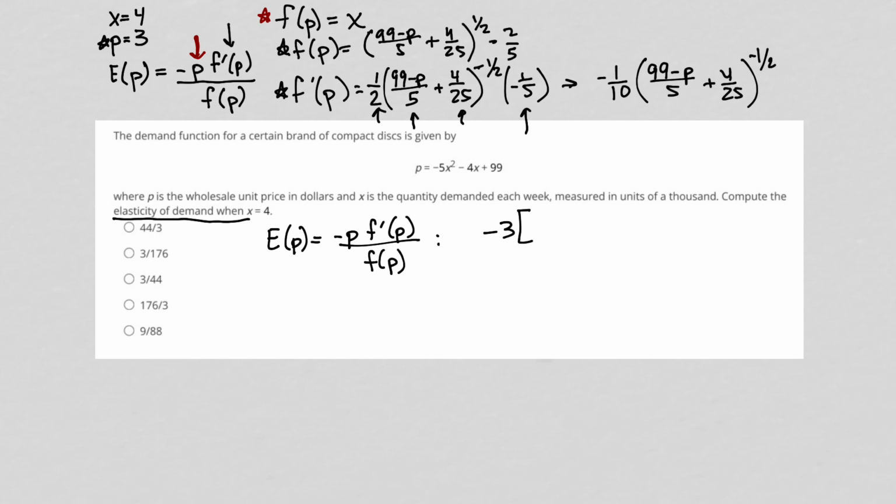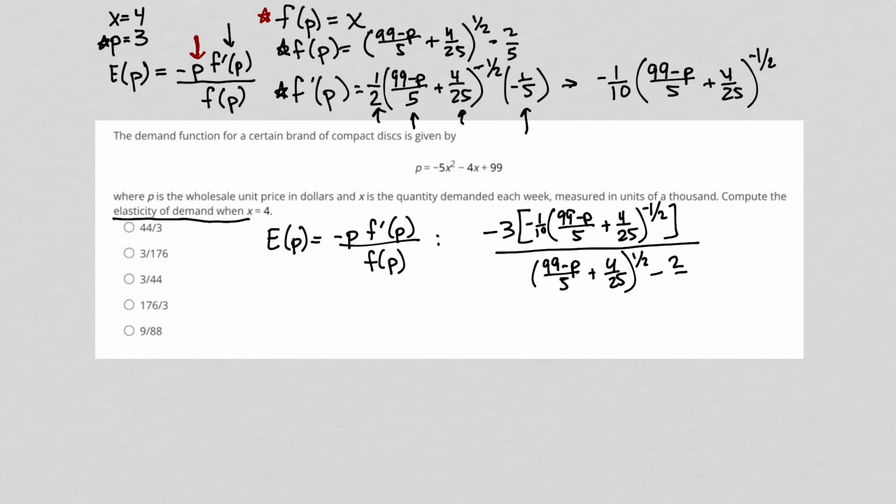So this gets bracket -1/10 parentheses 99 minus p over 5 plus 4 over 25 to the -1/2 power. And then we're dividing all of that by f of p, which is just 99 minus p over 5 plus 4 over 25 to the +1/2 power and -2/5.